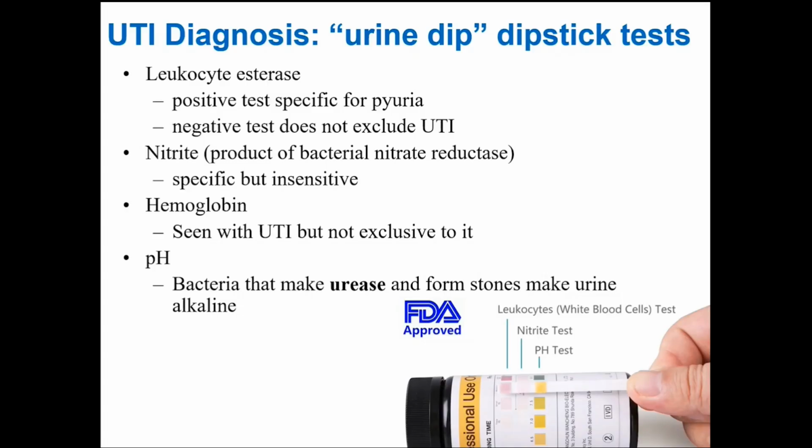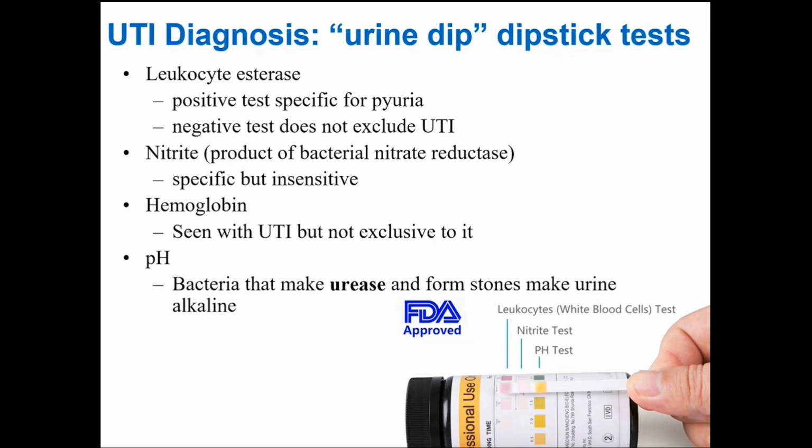How do we typically use all of these fingerprints? Well, they're wrapped up in a urine dip or urine dipstick test, depicted in the lower right. This test strip can be dipped into the urine and developed, and you can monitor through color changes the presence or absence of these different components.